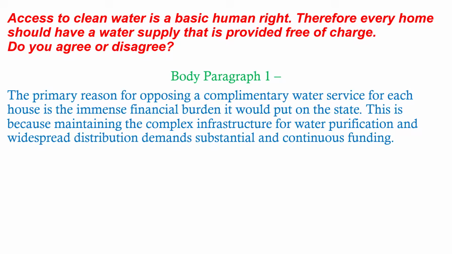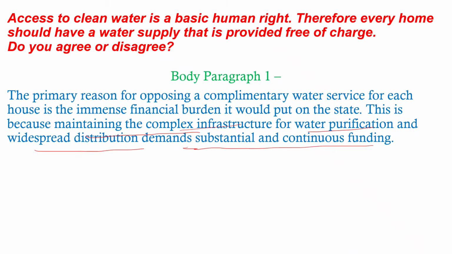So why do we disagree that it should be free? Because if you want to maintain the complex infrastructure for water purification, obviously if the government is providing water at your home, the water should be purified. They are not going to give you dirty water or infected water, so they will purify the water first before giving it to you. So the infrastructure for water purification and widespread distribution demands substantial and continuous funding.